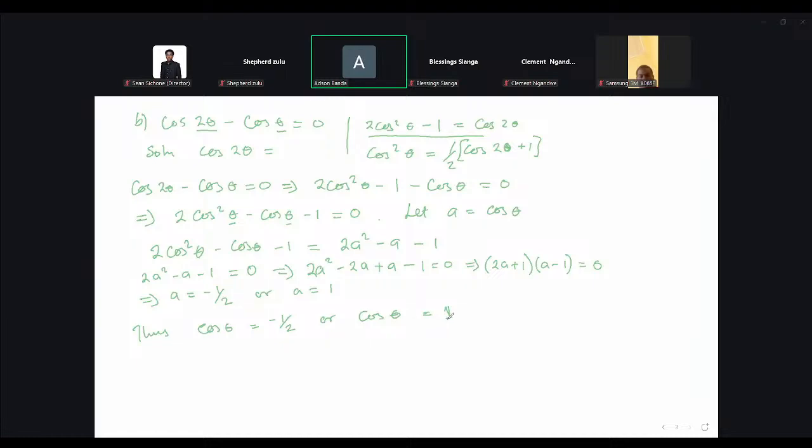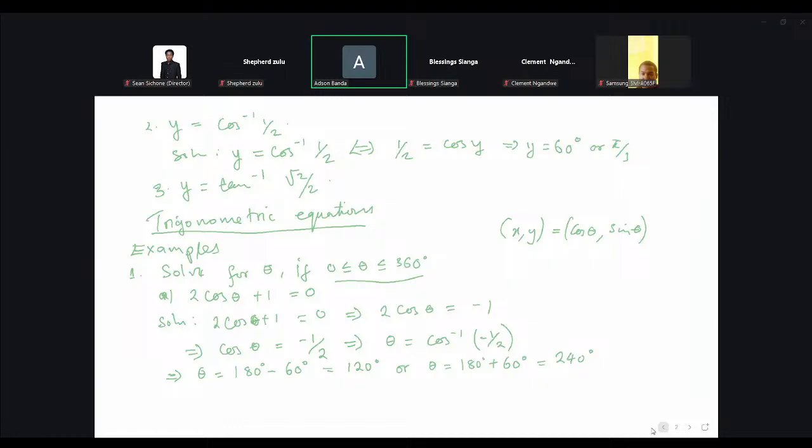Okay, so those are the ratios that we have. So in this case, we are looking for theta. So it must be the cosine inverse of -1/2 or theta is equal to the cosine inverse of 1. Right, so I think that is the one that we were looking at earlier, is it? Okay, so we have the cosine inverse of -1/2.